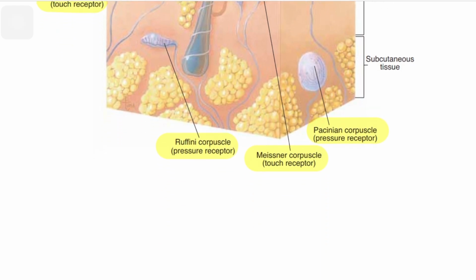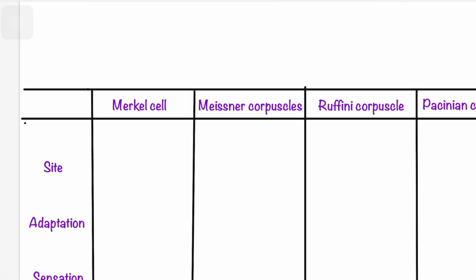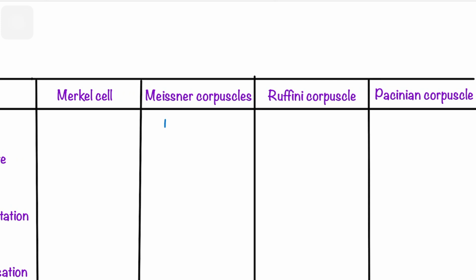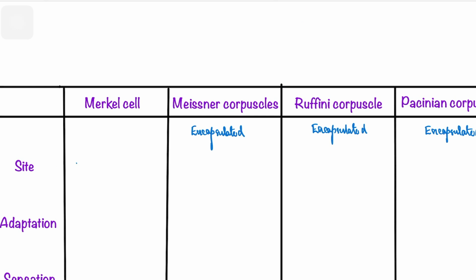So let's see about these cutaneous receptors. Except for the Merkel cell, all three corpuscles are encapsulated. Merkel cells are seen in the basal layer of the epidermis.